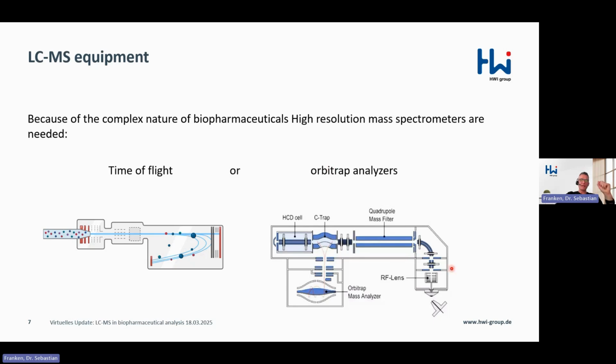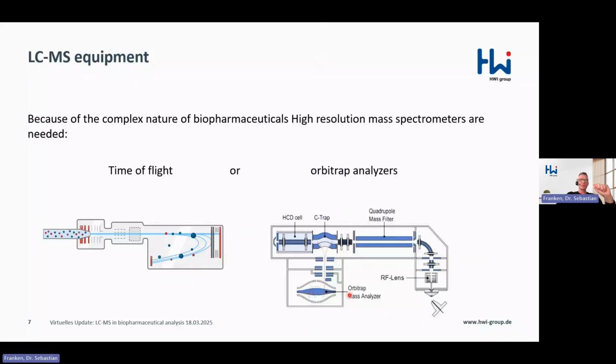And on the other hand, we have Orbitrap analyzers, where the molecules in the analyzer rotate around a spindle. You can see it maybe here, and oscillate from side to side. And the speed of this pendulum motion depends on the mass of the molecule. Yeah?